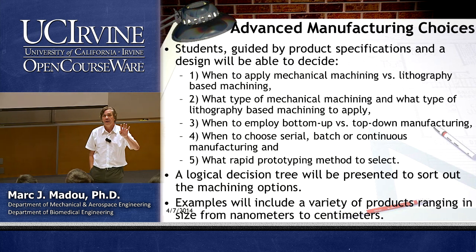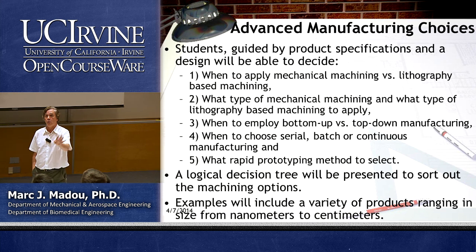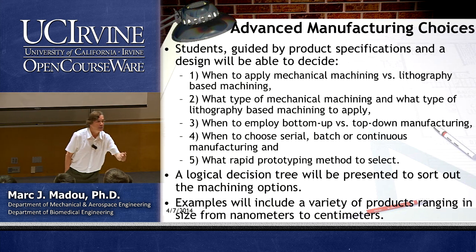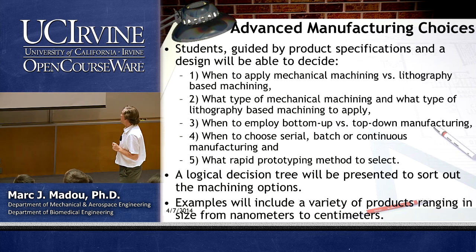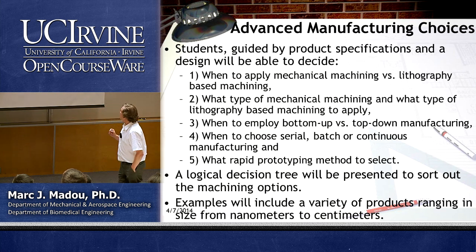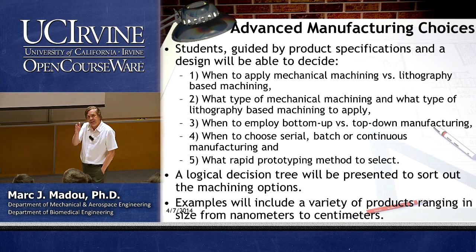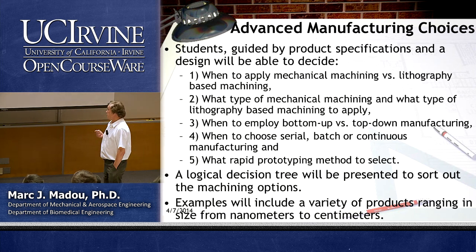You're going to be explained what kind of machines we have at Rapid Tech, and which one to choose for what purpose. Is it metal you're going to be working on, ceramic or plastic? You're going to be able to choose what 3D printing machine to use. This eventually will lead to a logical decision tree that we will present to you so that you can help sort out what machining option to choose.